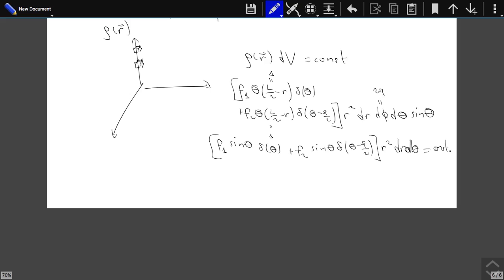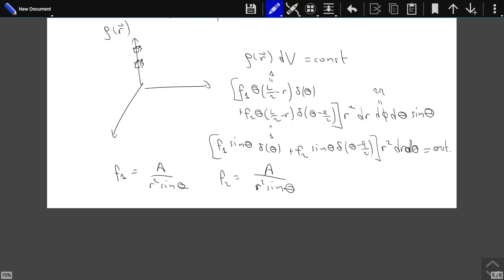So this basically tells me that F1 should be equal to A over r squared sine theta, and F2 should be equal to A over r squared sine theta in spherical coordinates. Well, this is kind of problematic.